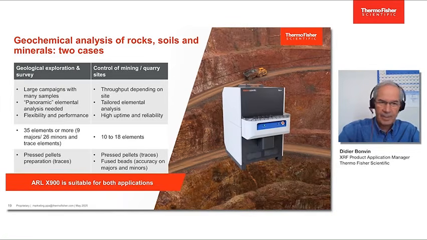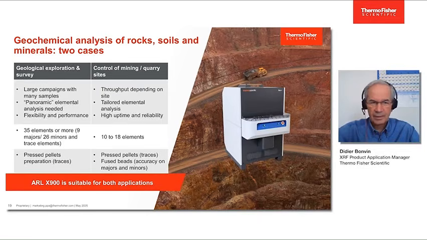And then a panoramic elemental analysis is needed. These samples are totally unknown, and we want to measure up to 35 elements or sometimes more, typically 9 majors, 26 minor and trace elements. And then obviously the sample preparation will be press pellet preparation in order to detect the trace elements at best.